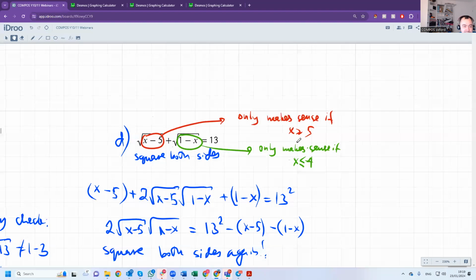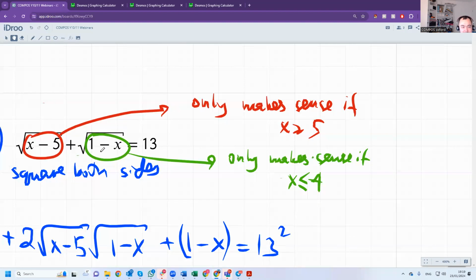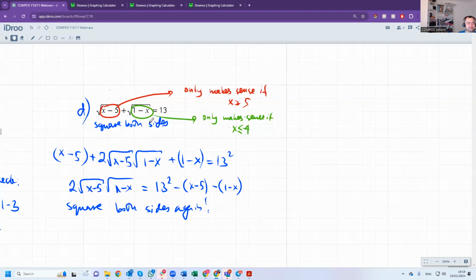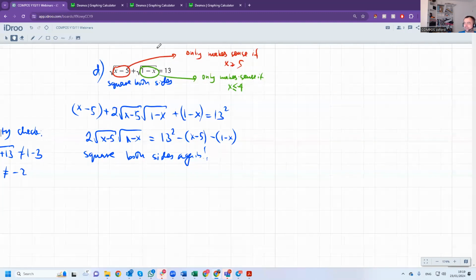So this only makes sense if x is more than 5, and this only makes sense if x is less than 1. What do we have? What's the answer to the equation? Yeah, there are no solutions.